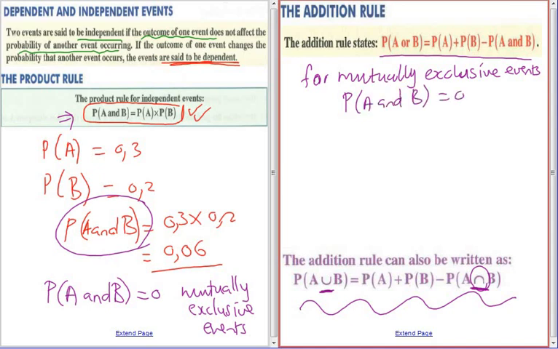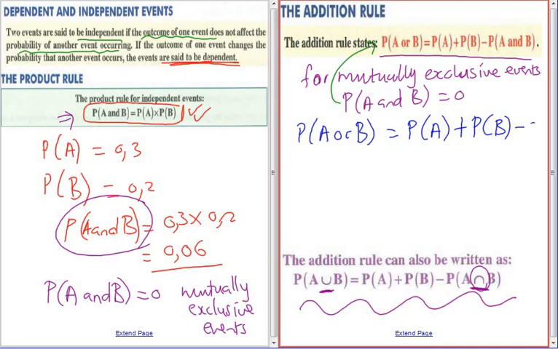So if I go and substitute this back into that formula, what I'll then get, for mutually exclusive events, if I want to find the probability of A or B, all I need to say is probability of A plus the probability of B, like this. And the probability of A and B will be 0 over there, so I won't have to include it, because it will be 0.